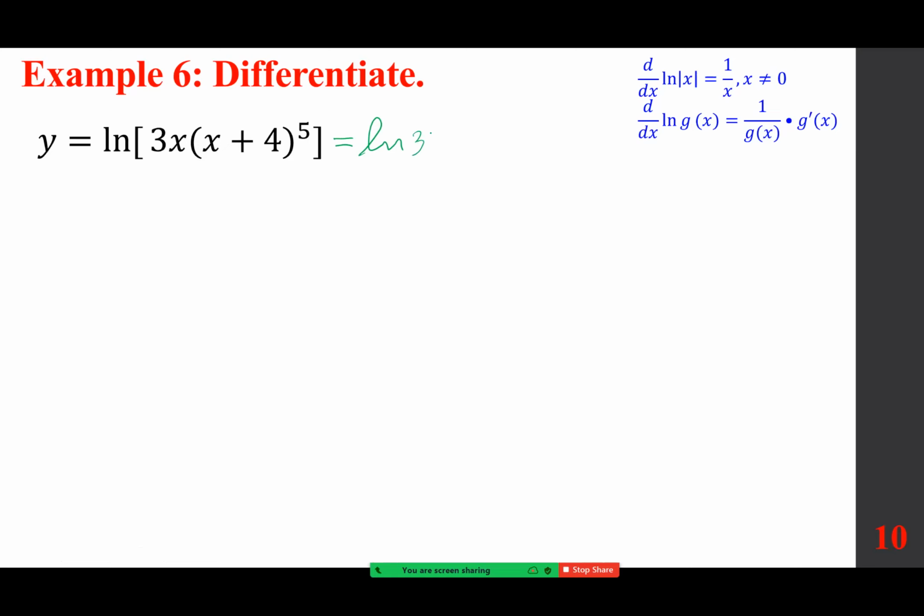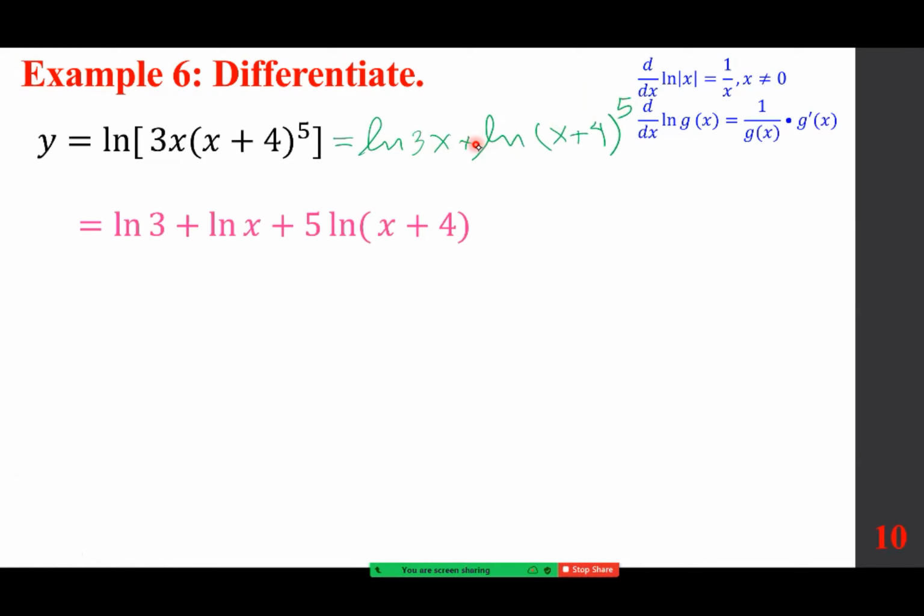This is ln of 3x plus ln of x plus 4 to the power of 5. So ln of 3x is ln 3 plus ln x, and this 5 sits in front, becomes a coefficient.